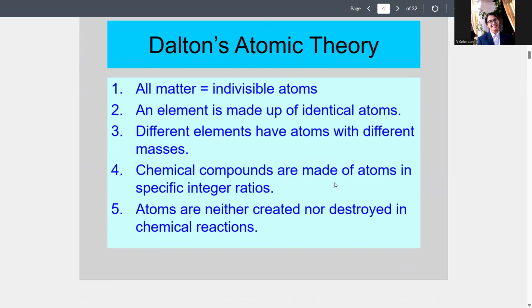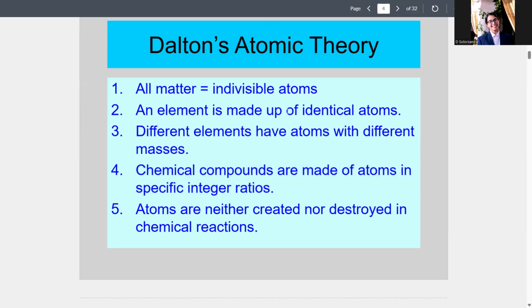So, in particular, chemical compounds are made of atoms in specific integer ratios, because if chemical reactions have to happen in whole numbers, or your chemical compound is just ratios of numbers of elements, then those elements must have something in them that is not dividable. And we call those atoms. So matter has indivisible atoms.